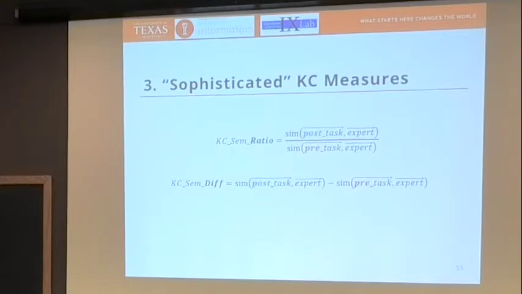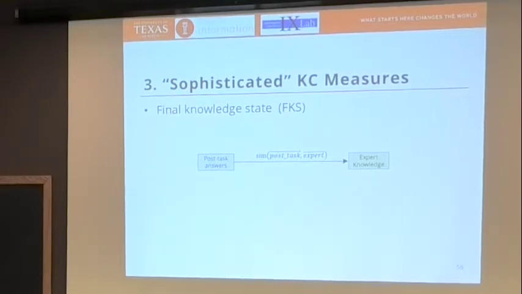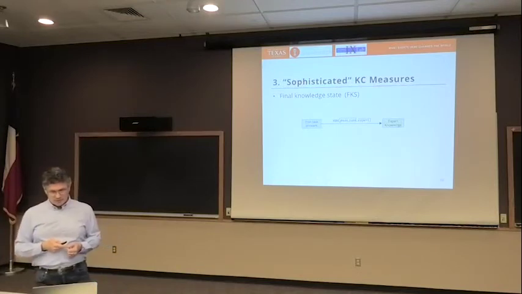And we calculated the ratio of change between the semantic similarity before the task and after the task, and also the simple difference. And one other measure was not comparing the semantic similarity ratios or difference from before to after in comparison with experts, but comparing the post-task keyword list with the keyword list generated by experts in the previously described process.